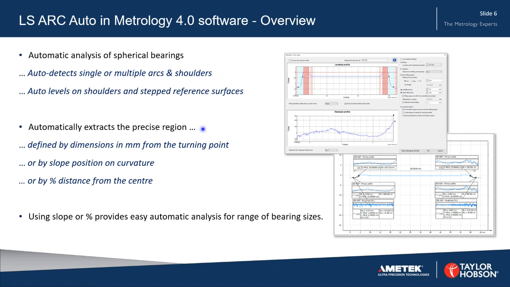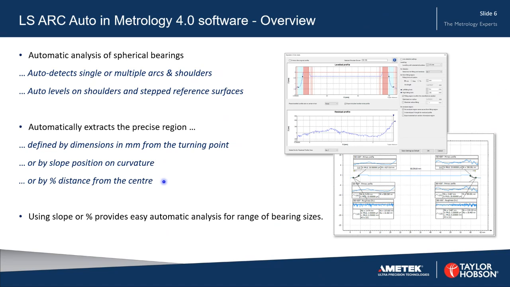It can do this in different ways. Firstly, it can do it by defining the region for analysis in dimensions from the lowest point or from the highest point, that is from the turning point. Or it can do it by looking at the slope position on the curvature of the profile.